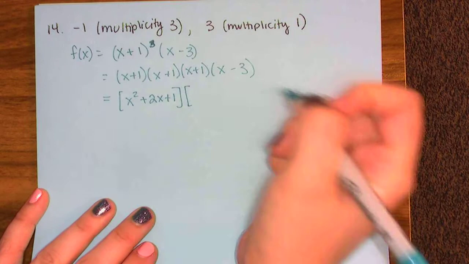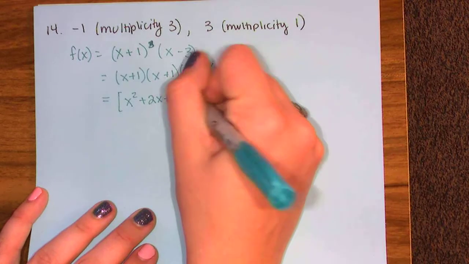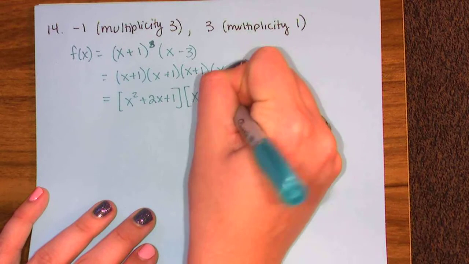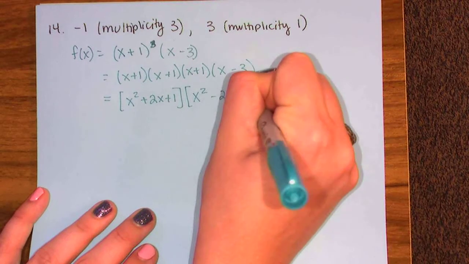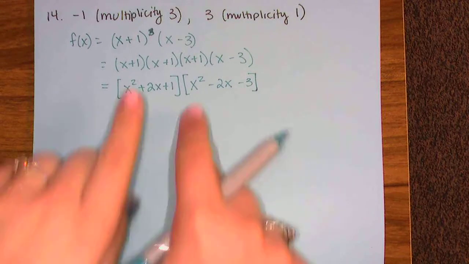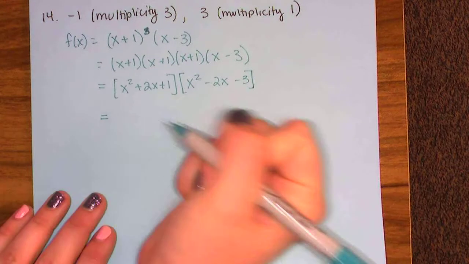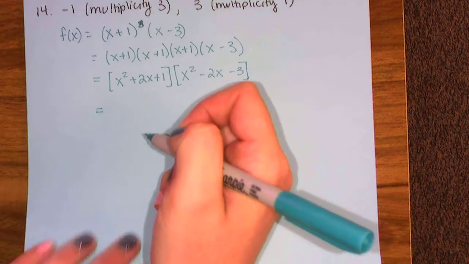And the other two? Alright, now I need to multiply these things all the way through, so I'm going to have a bunch of terms. So what does this give me multiplying all this through?